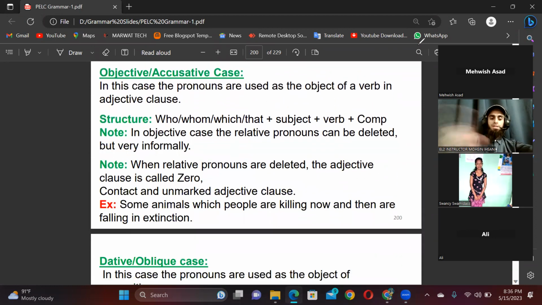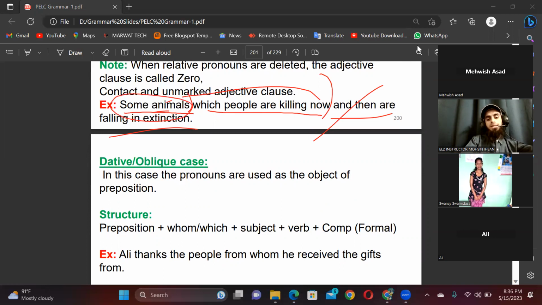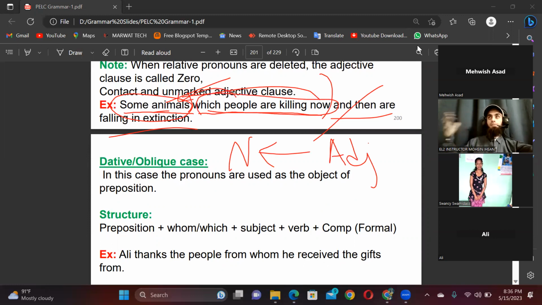In the objective case, let's see another example. Look at this example: some animals which people are killing now. Now here, the animal is a noun, and the modification of a noun would be done by an adjective, but here the whole sentence is modifying the noun, like which people are killing.